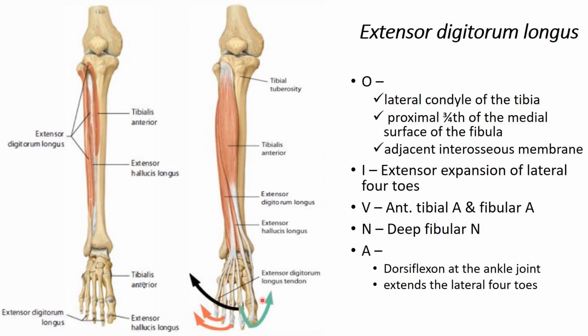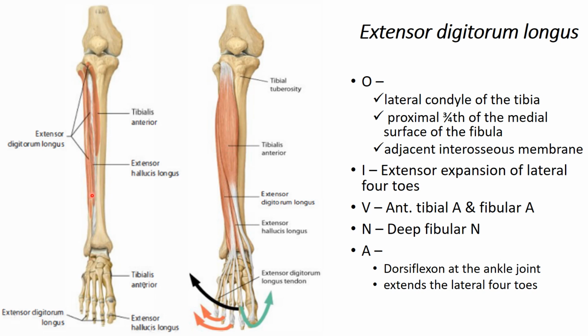The next muscle is extensor digitorum longus. This bulky muscle arises from the lateral condyle of the tibia and proximal three-fourths of the medial surface of the fibula, and the adjacent part of the interosseous membrane.